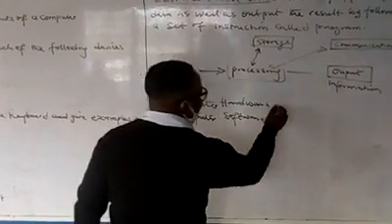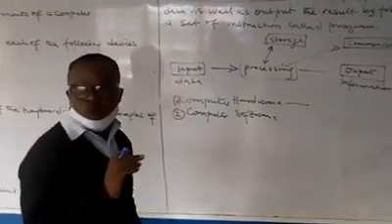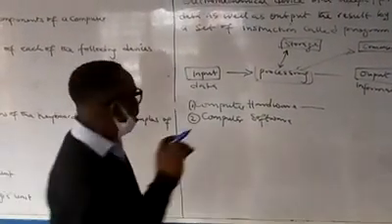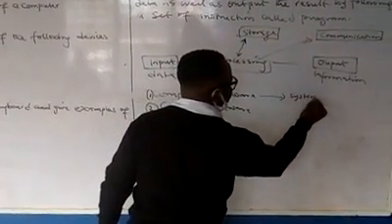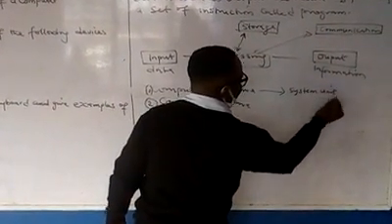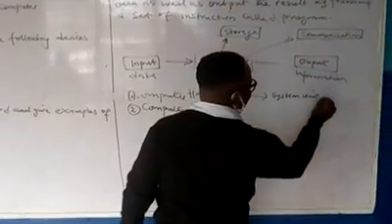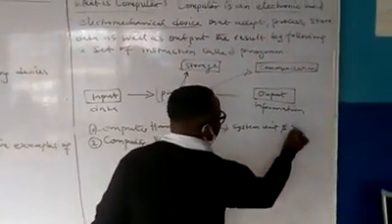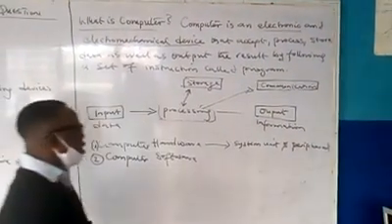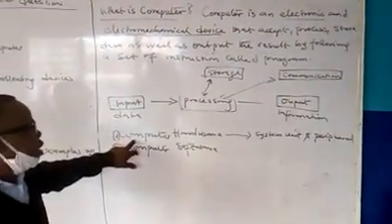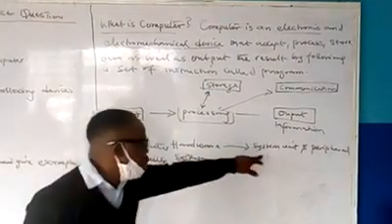Now, computer hardware is comprised of 2 types of hardware. We have the system unit and the peripheral. The system unit and the peripheral make up what?